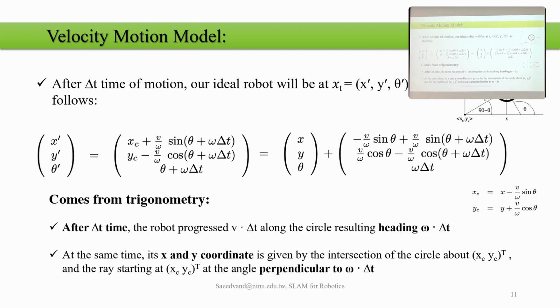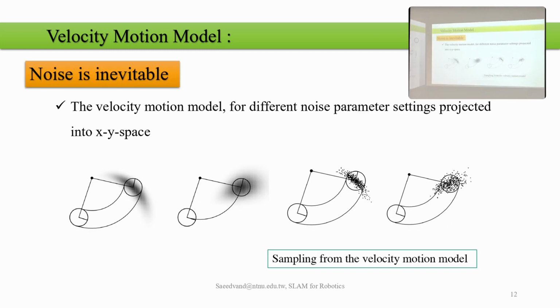I said I have the robot pose, and I have V and W, the velocities, rotational and translational, and I showed you the exact calculation of where the robot is. But what about the error now? So exactly we know where the robot is in the velocity motion model, if we implement it. Due to that, we need to also apply error on this term here.